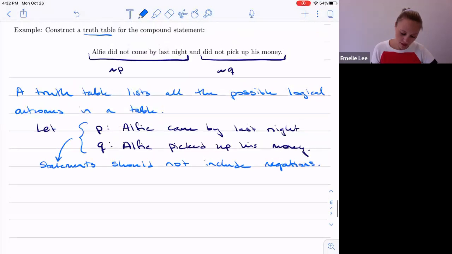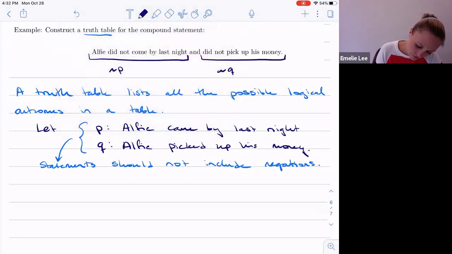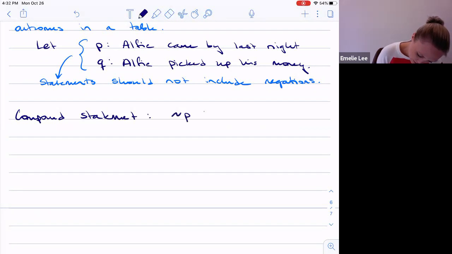So what this statement is, is we have not P and not Q. So if we translate this, our compound statement is not P and not Q.